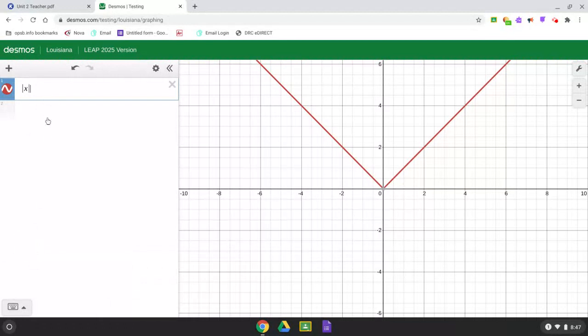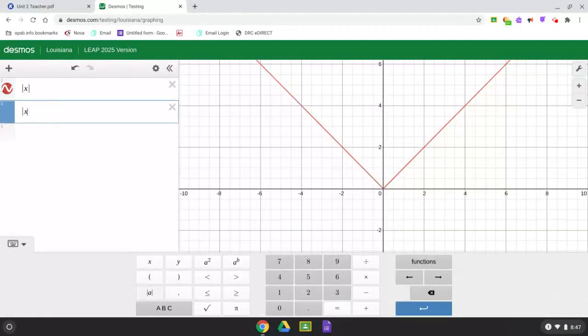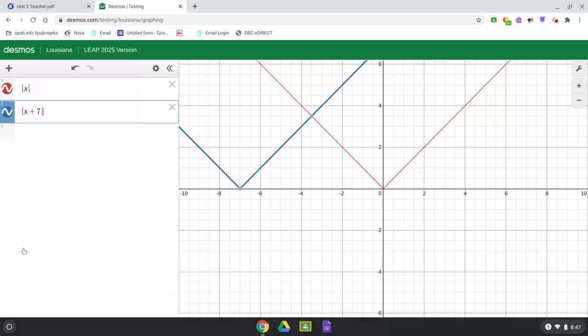Now if we graph the absolute value of x plus 7 and close our absolute value, you'll see that our function is translated to the left 7 units. From 0 to negative 7 is where our vertex was translated to.